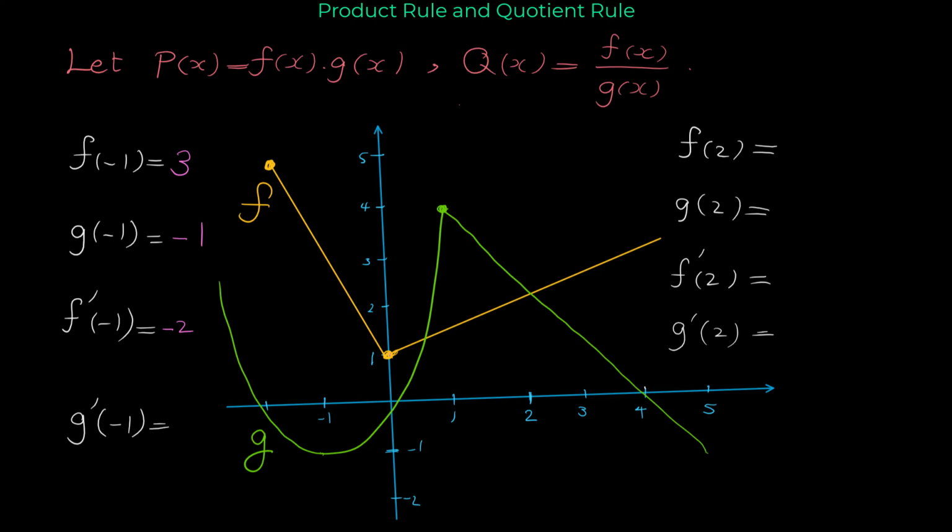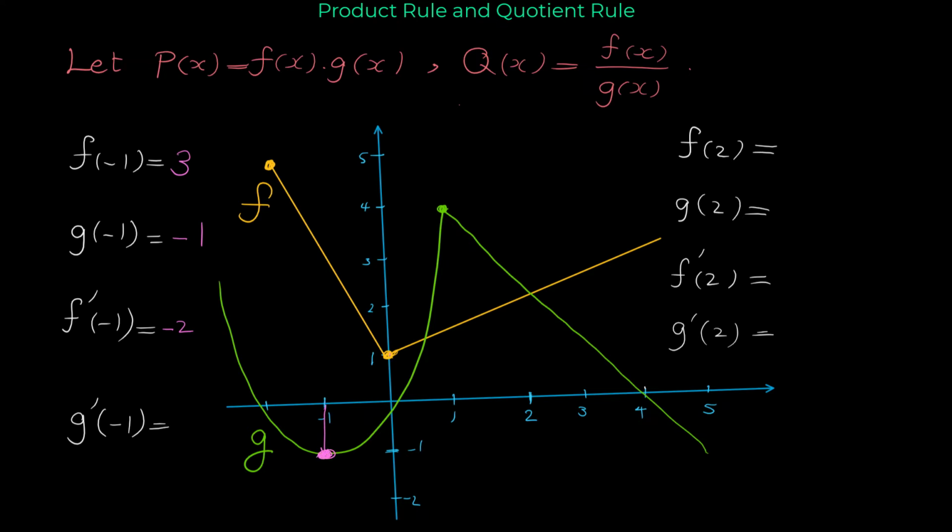Next, we want to find g prime of -1. Again, g prime is the derivative of the function g, and derivative is the slope of the curve at that point. What is the slope of the curve g at -1? When x is -1, we have this point on the curve g.